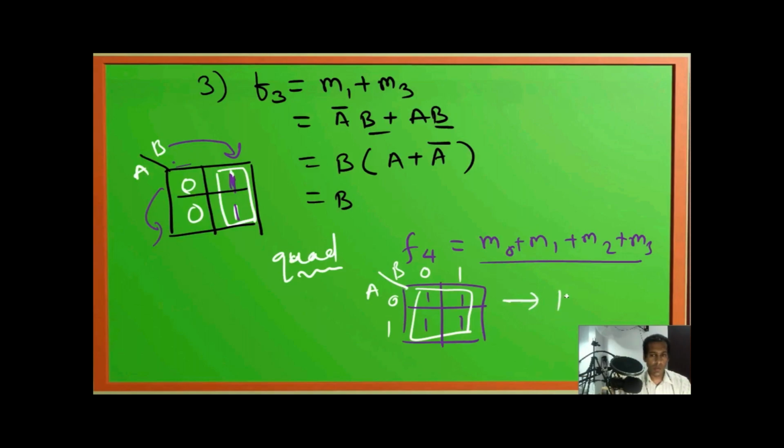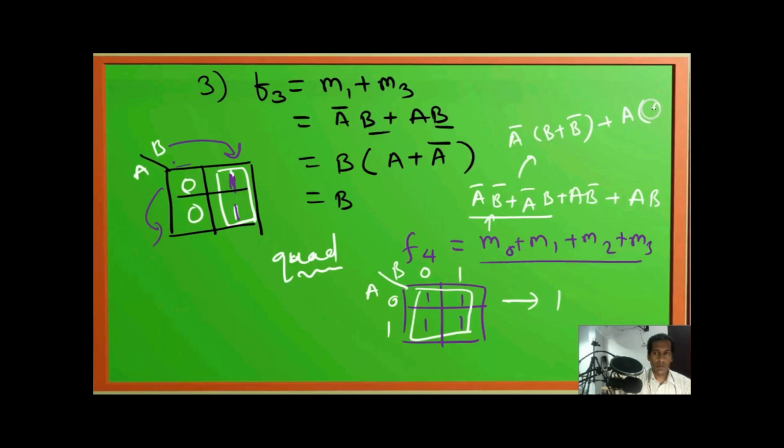So its answer should be 1. If we solve: m0 plus m1 plus m2 plus m3 is A bar B bar plus A bar B plus A B bar plus A B. We take A bar common, B plus B bar eliminated, plus A common, B plus B bar eliminated.